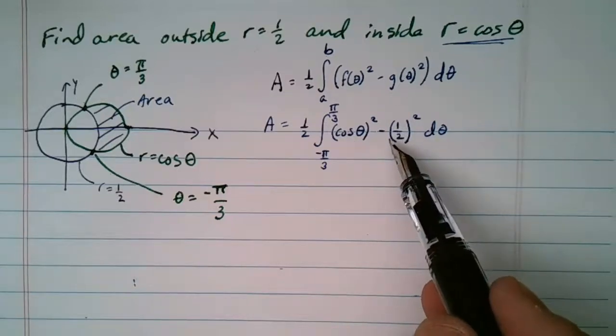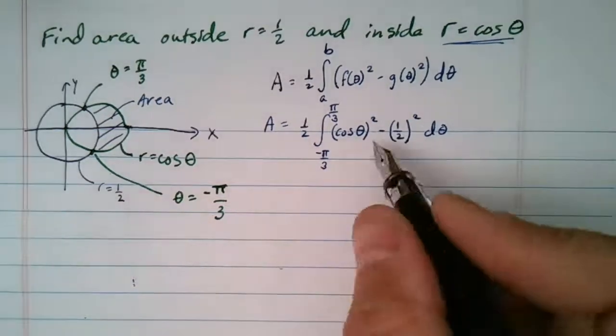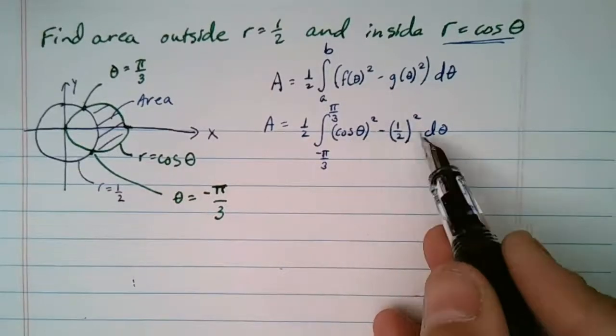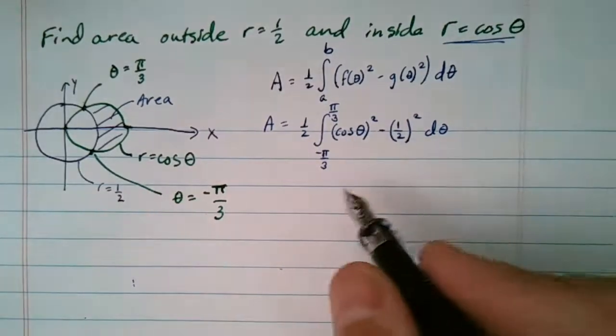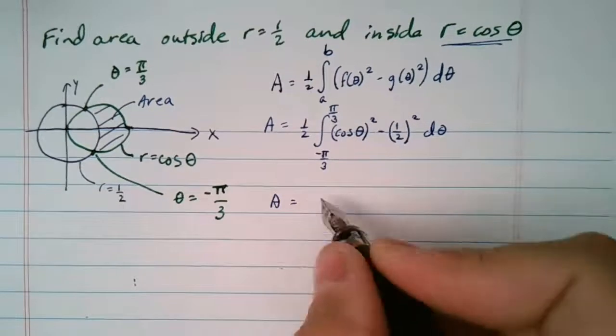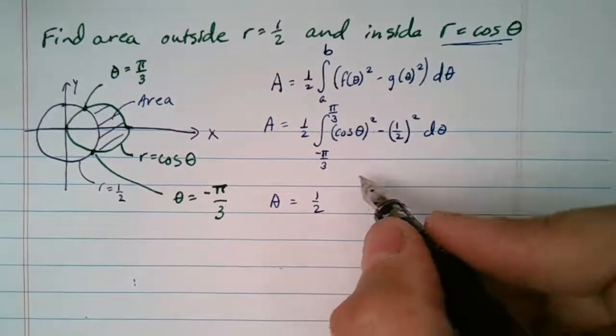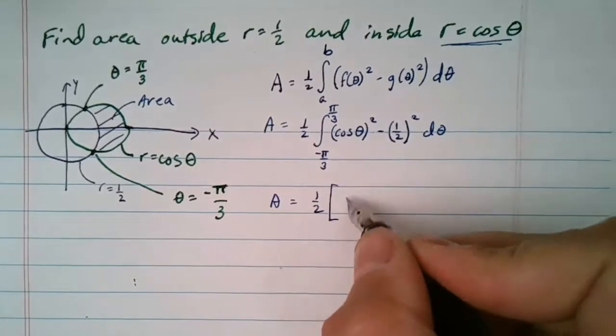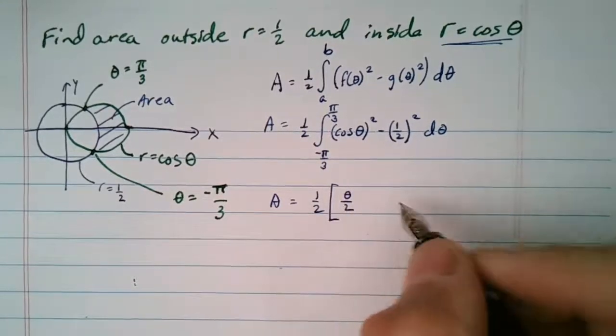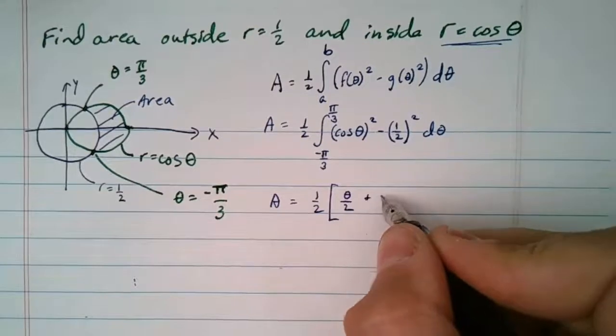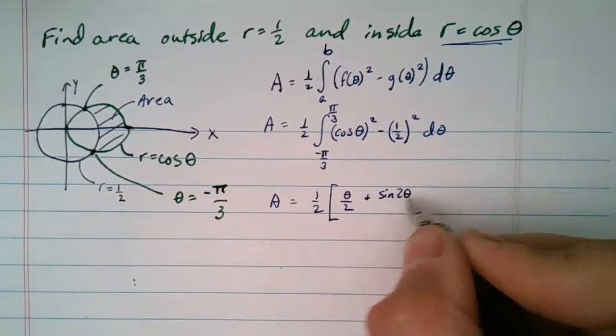And so what I end up with is the integral of cosine squared minus 1/4 times 1/2. So that becomes, right, if I integrate cosine squared theta, the integral of cosine squared theta is theta by 2 plus sine 2 theta by 4.